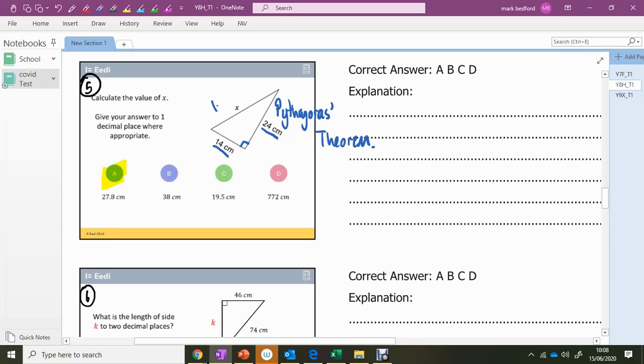Remember here we are finding the longest of the sides, and we know it's the longest because it's opposite the right angle. So the sum looks like this. Take one of the sides, square it, add it to the other side squared, and square root the answer. Round it where appropriate to 1 decimal place, and we will be looking at answer A.